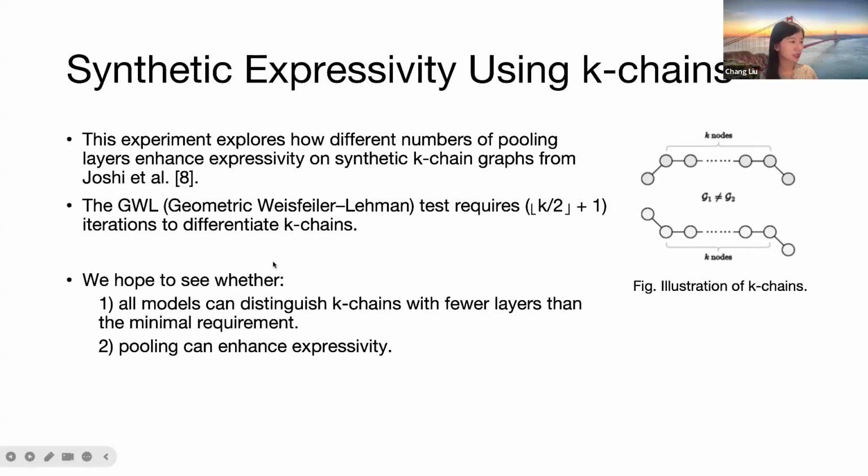And from the study of the geometric Weisfeiler-Leman test, it requires the floor of k over 2 plus 1 iterations to differentiate k-chains. So through this kind of experiment, we want to see, first, whether all models can distinguish k-chains with fewer layers than the minimal requirement. And second, we want to see whether the pooling can enhance expressivity of the graph model.